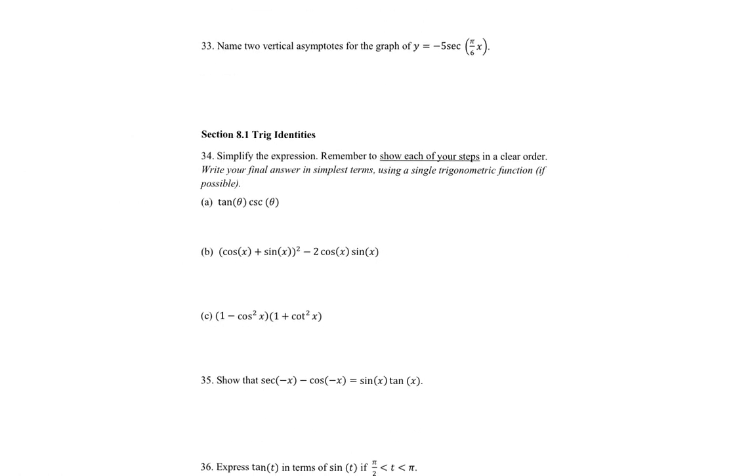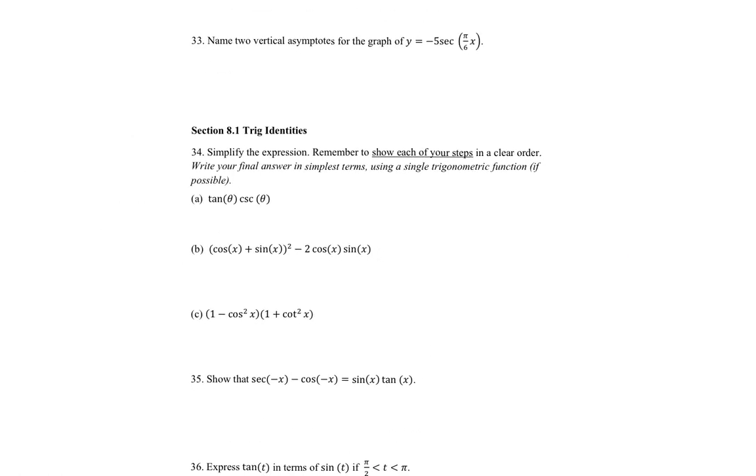Okay, so the last one, it says name two vertical asymptotes of the graph y equals -5 secant of pi over 6 x. So again, secant is 1 over cosine. And then b is pi over 6. So my period is going to be equal to 2 pi over pi over 6, which is going to be equal to 12. Okay, and so when I plot this out, I'm going to graph cosine.